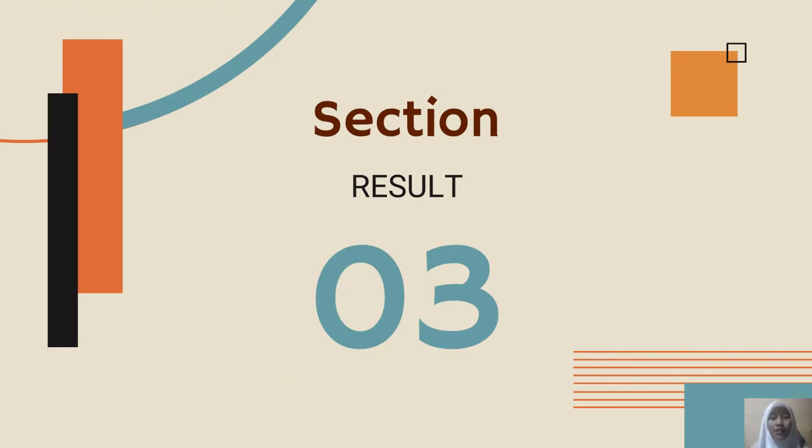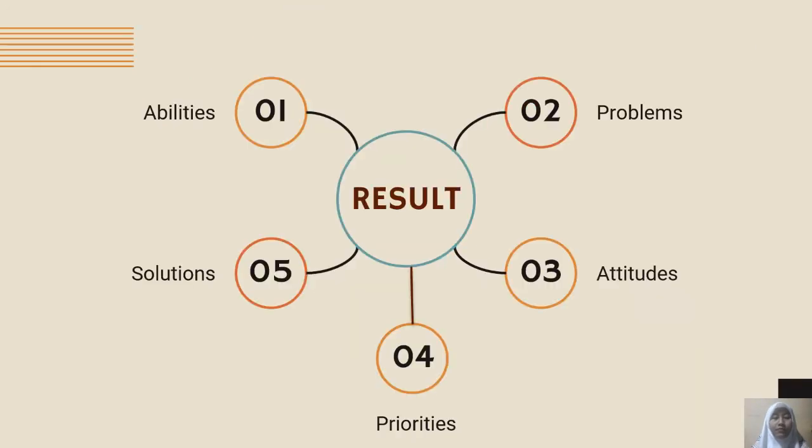And come to the third section, result. Based on the parts of my questionnaire, the result is also divided into 5 parts. First is abilities, problems, attitude, priorities, and solution.